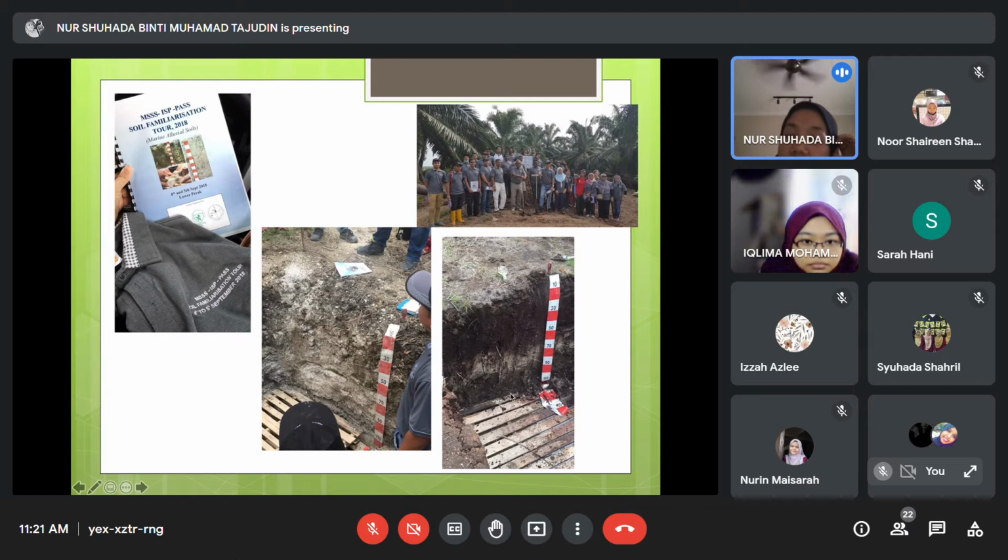Tapi 1 meter you dah jumpa air. Macam mana you nak tanam, how do you want to bury the dead bodies? Okay, that's the problem. Bukan hanya untuk pokok, tapi you nak tentukan kawasan kubur pun you have to know your soil. Betul tak?